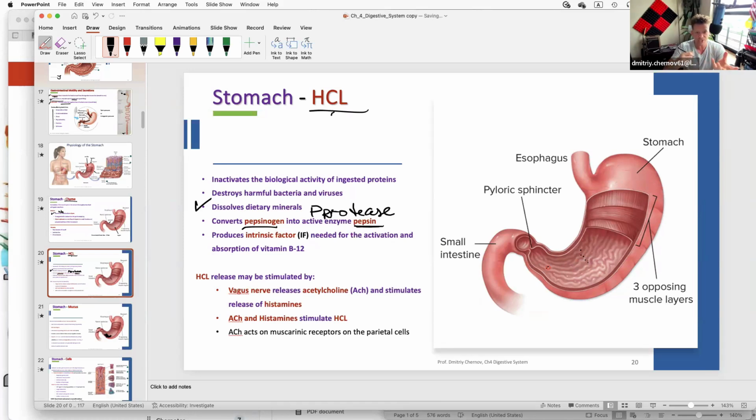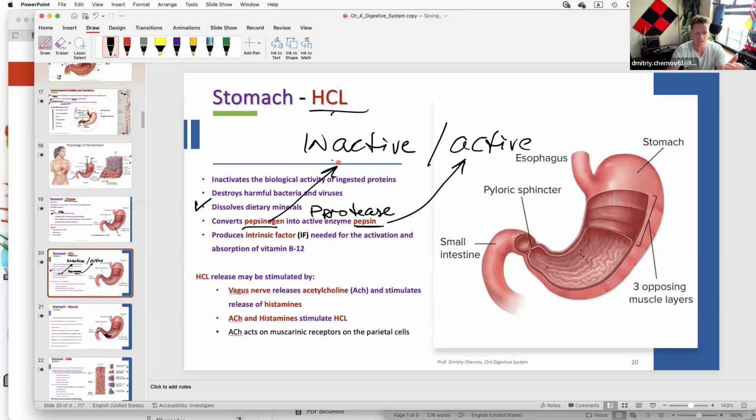Pepsinogen is inactive versus active. So pepsin is the active form and pepsinogen is the inactive form. So they are proteases. When the food is not there, pepsinogen will not be converted into pepsin, because pepsin will actually start breaking down protein.